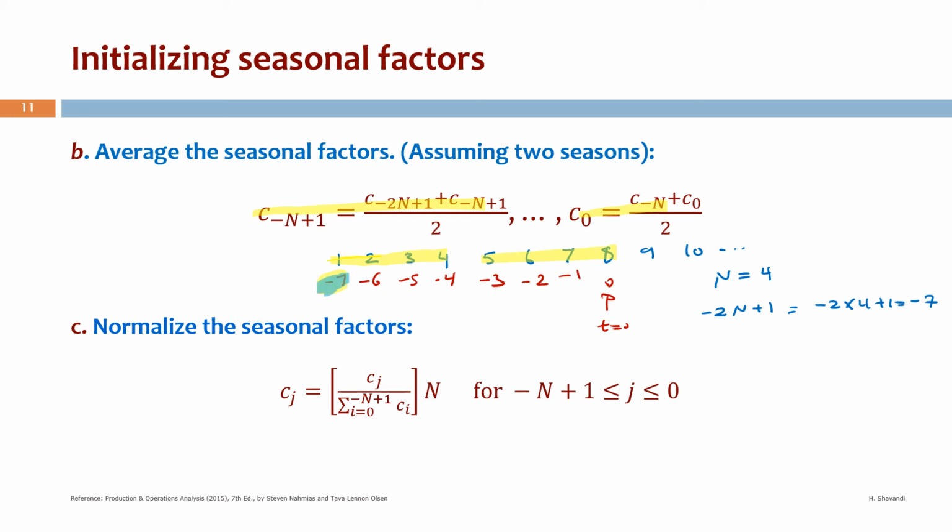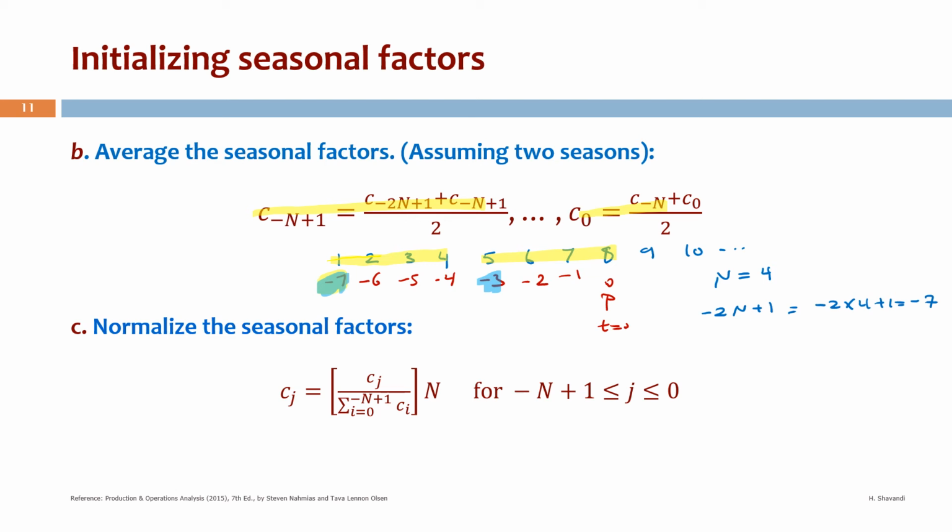It will be this number, right? So this is the first period in the season. The like period in the second season will be -n plus 1, which is -4 plus 1, so -3, right?